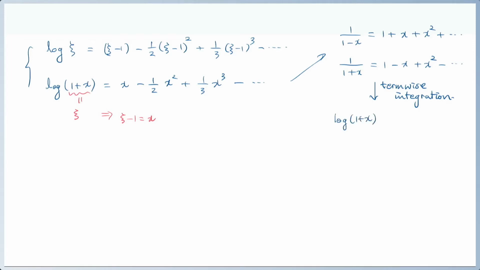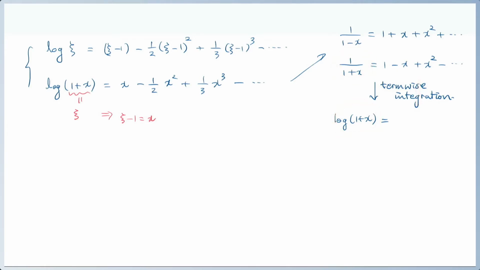You can quickly confirm it by differentiating; this is the derivative of log. And keep in mind that in this class, log means ln, natural log. So we confirm that the integral of this is equal to that.